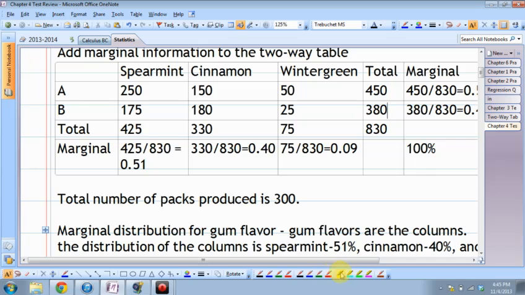So maybe I can do it like this. This part is part B, or question 2. This is question 2. That's question 2 right there. Okay.